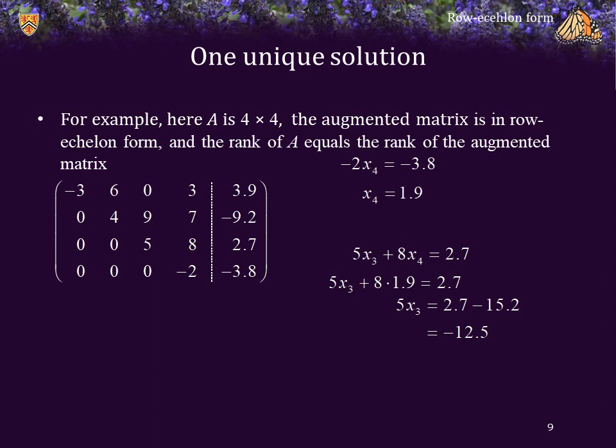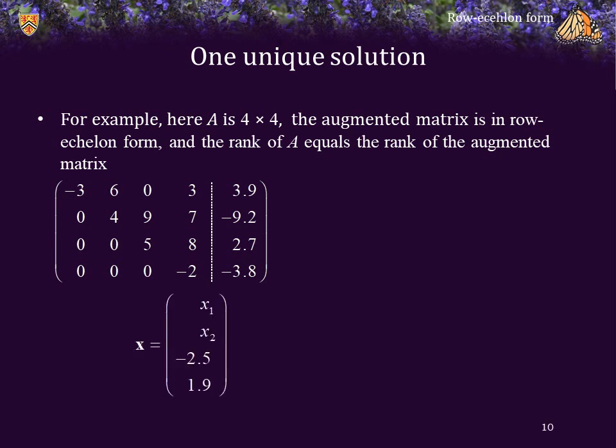And once again, this is now a single equation in a single unknown, and we can simply divide both sides by 5 to determine the value of x3. x3 is equal to negative 2.5. All right, so now we have found the values of x3 and x4. Let's carry on to row 2.